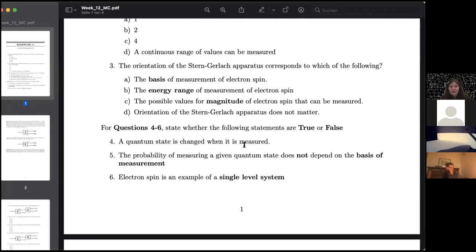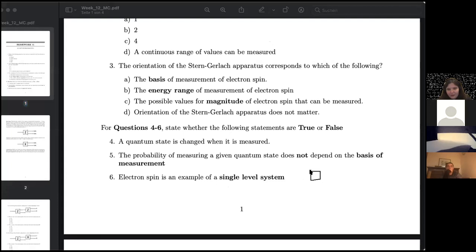The third one is, the orientation of the Stern-Gerlach apparatus corresponds to which of the following? This was something I told you before.